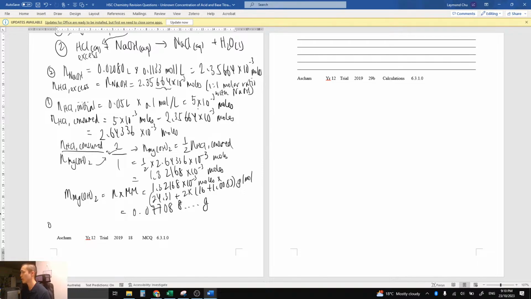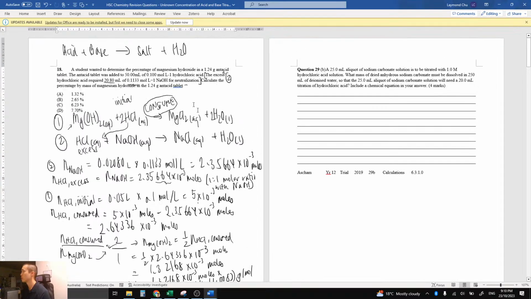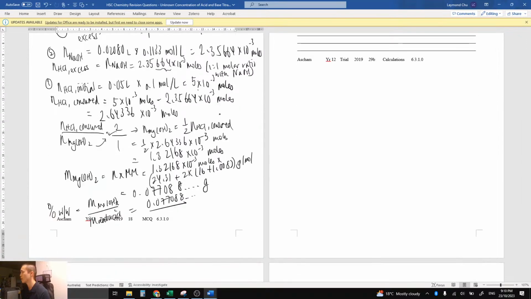And then to work out our percentage weight by weight, we do the mass of Mg(OH)2 over the mass of our antacid, 0.07088 over the initial mass of antacid, which is 1.24 grams, times 100%. Oh, sorry, it's a percentage, isn't it?